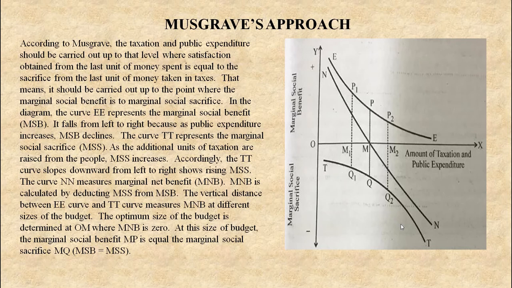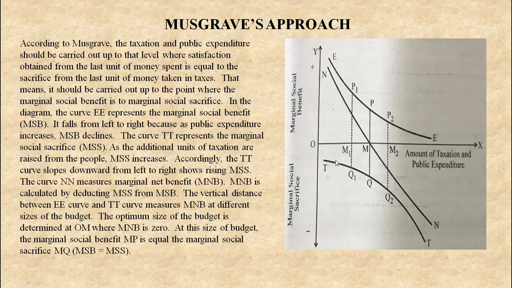TT curve shows MSS, EE curve shows MSB. NN measures marginal net benefit, MNB, which is derived from successive additions to the public budget. MNB is calculated by deducting MSS from MSB.